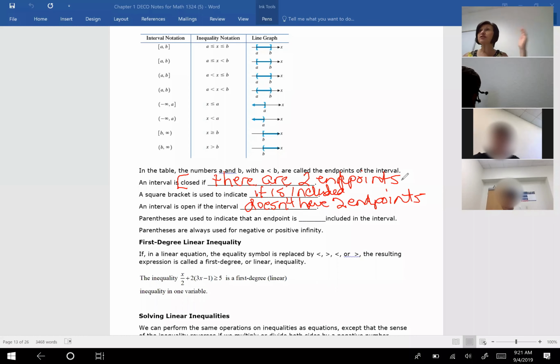So if I don't have two endpoints, I have what's called an open interval. And the parentheses indicate that the endpoint is, if they've got parentheses, is the endpoint included or not? That's right, the endpoint is not included in the interval. And we know parentheses are always used for negative or positive infinity. Okay? All right, so let's look at just a little bit more in here. Let me clear this off.